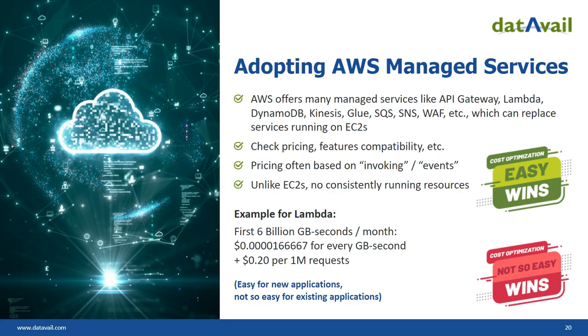And this one, using AWS managed services could be easy or not so easy, and I'll give you some examples. So AWS has, of course, long running, or in some cases consistently running compute like EC2 and RDS, and as I mentioned, a lot of customers have that. But AWS also thought about how to help customers with cutting down the compute.